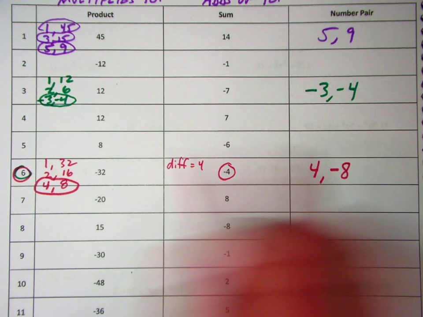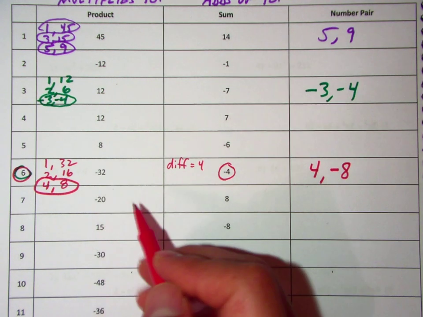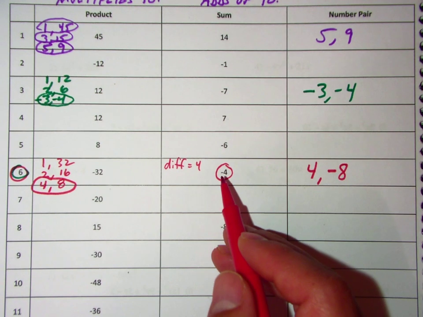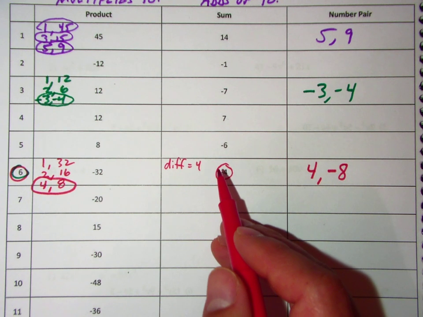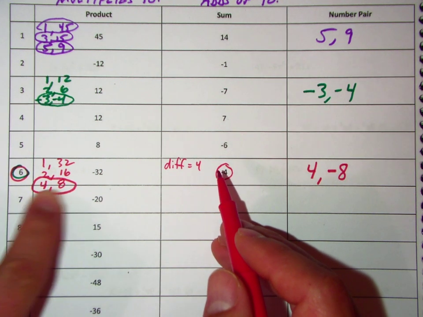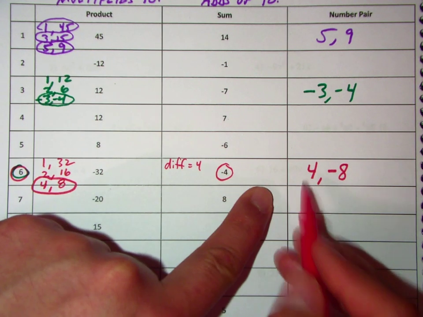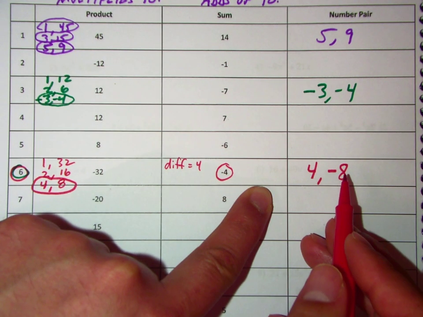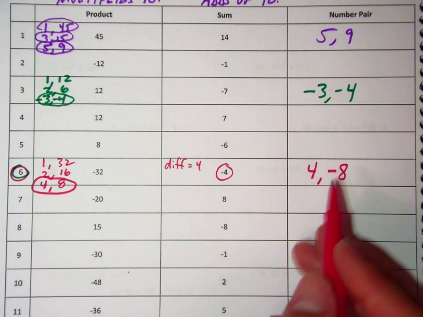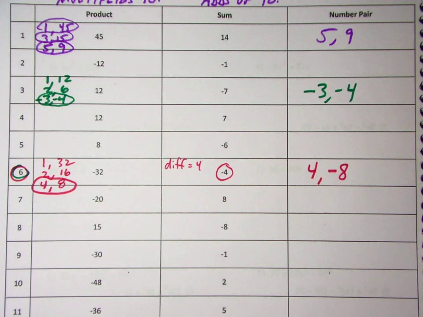Now, another scenario could be that the -4 is not negative, but positive, okay? Well, if that's the case, then we could still use 4 and 8. We would just have to make the 4 negative and the 8 positive, okay? But that's kind of how this works.